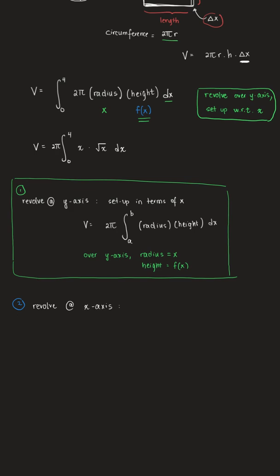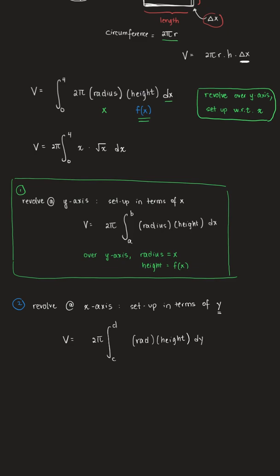Revolve over the x-axis, set up in terms of y. So the volume will be 2 pi integral from C to D, still radius times height, and then this will be a dy.